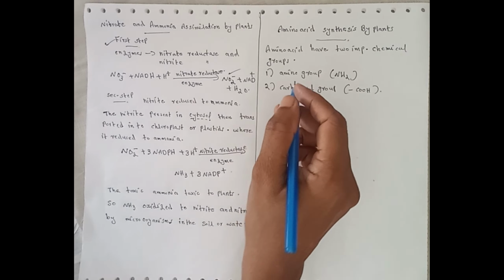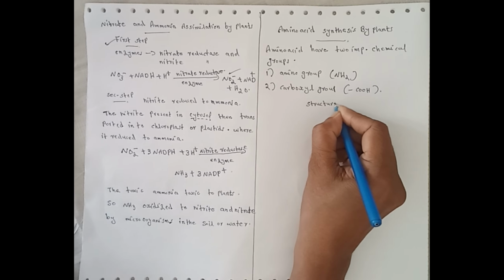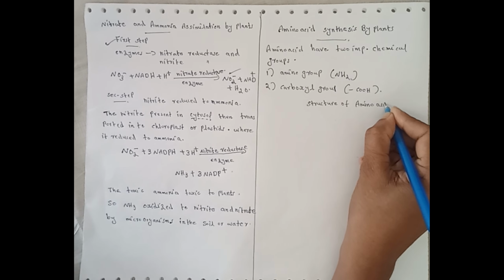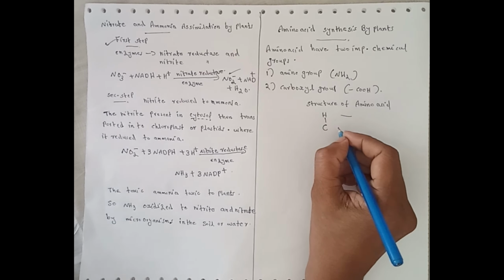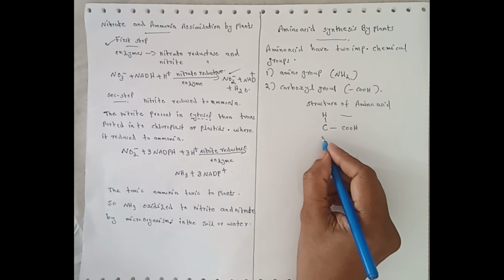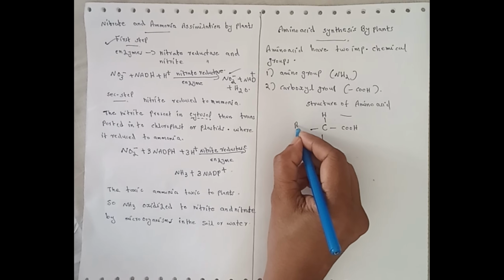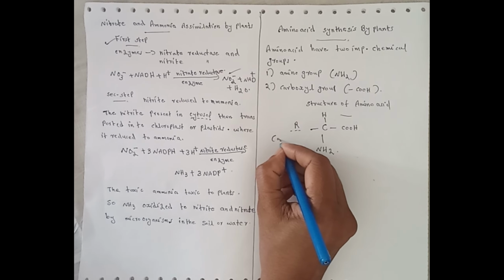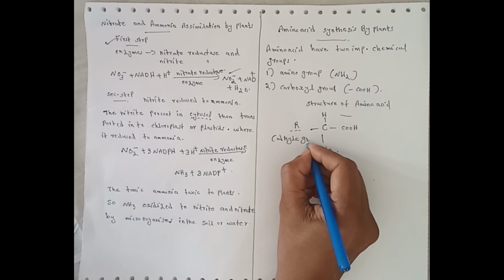Then the structure of an amino acid. We can draw it. R means alkyl group.